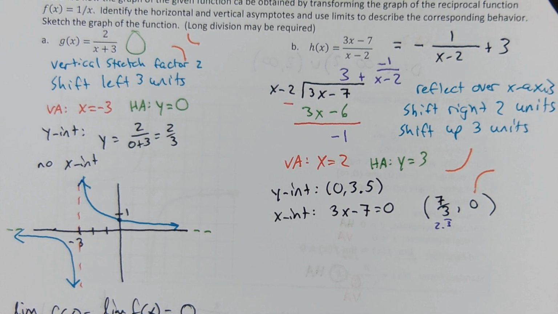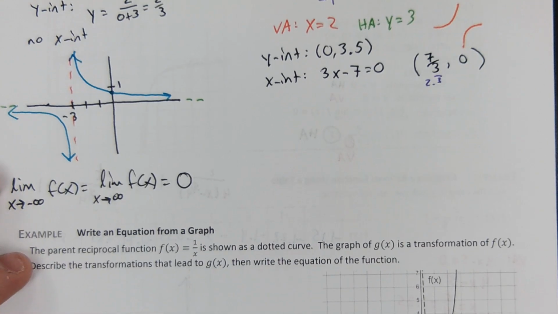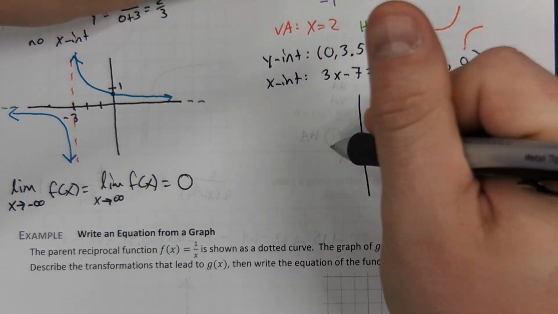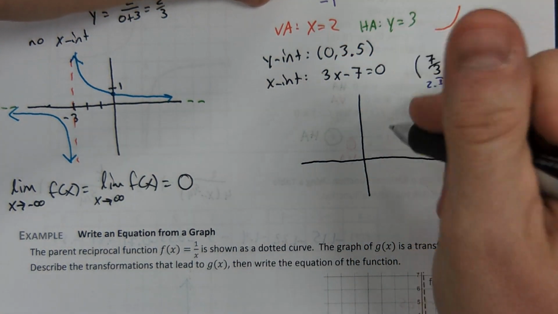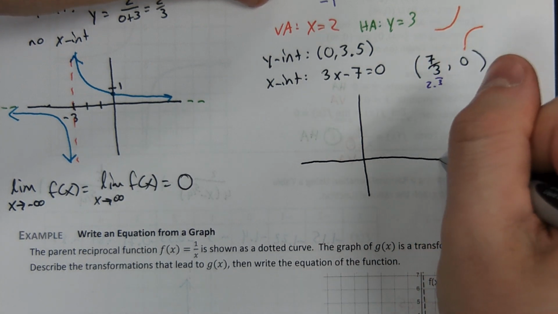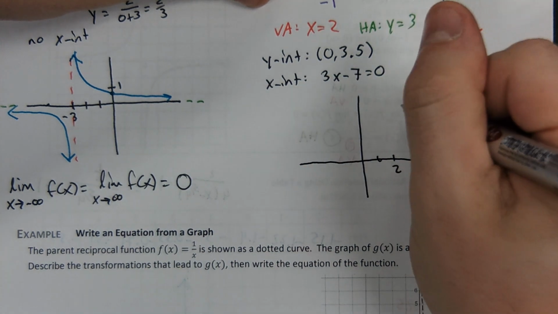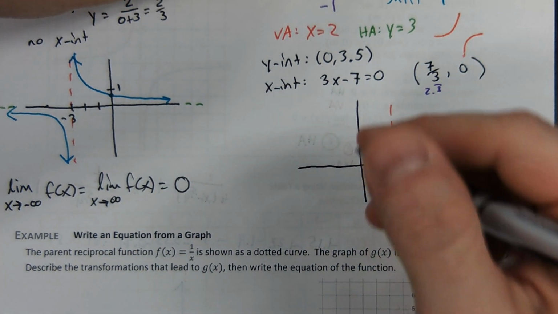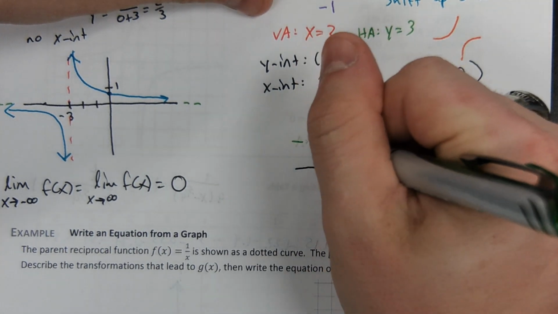We're ready to graph. We'll sketch, I should say. We're ready to sketch. X equals positive 2 is our vertical asymptote. Y equals positive 3 is our horizontal asymptote.